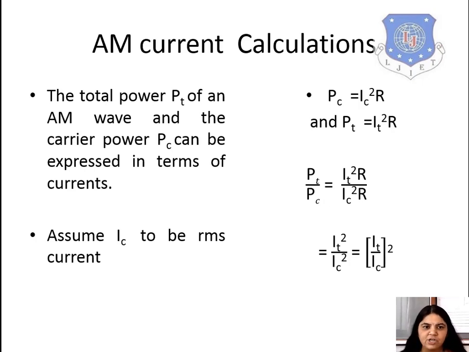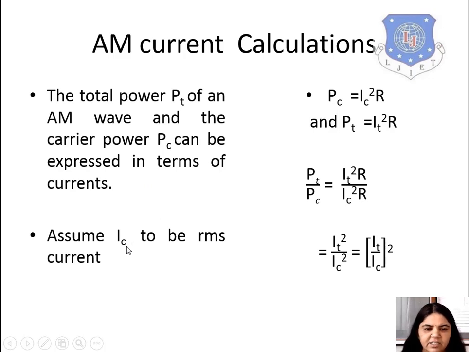Now the next topic is the AM current calculation: how much current is required to transmit the signal. This AM current calculation is similar to the AM power calculations. We know that the total power PT of an AM wave and the carrier power PC can be expressed in terms of the current.